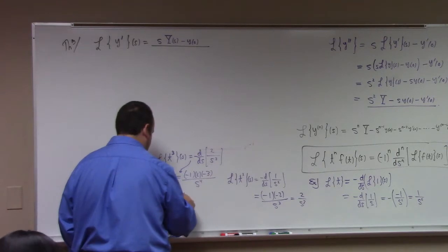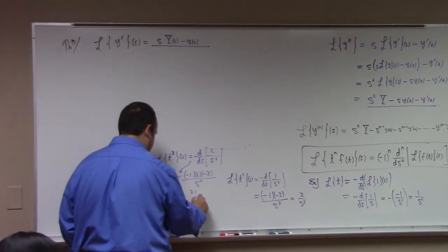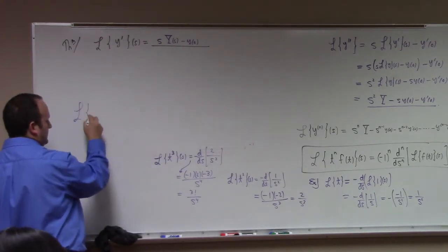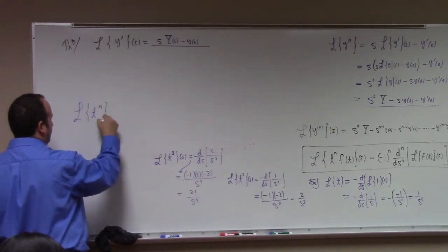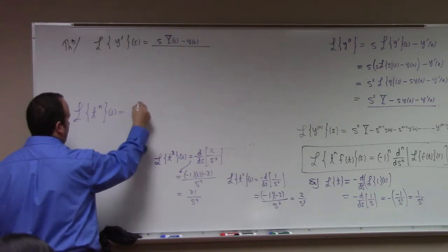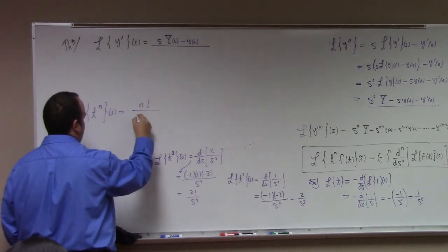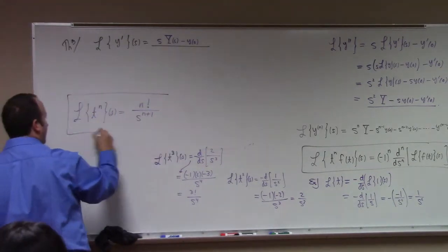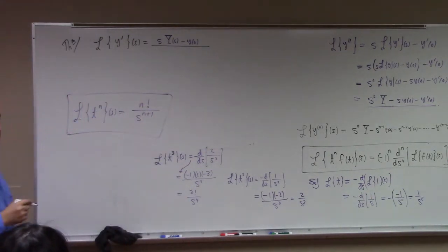I think we start to see the pattern, right? This is 3 factorial divided by s to the 4th. So continuing, we get the Laplace transform of t to the n is simply n factorial divided by s to the n plus 1. There you go. That, paired with the shift theorem, means we've now derived everything in table 7.1 today.